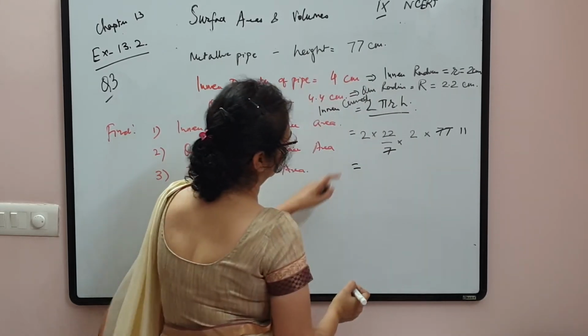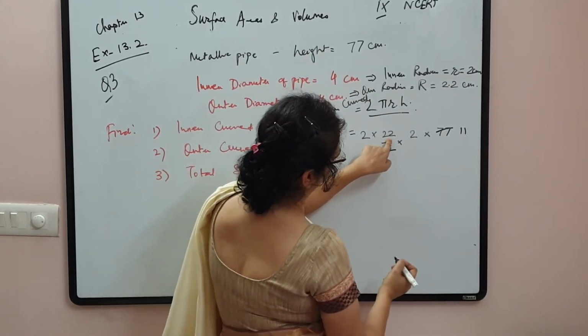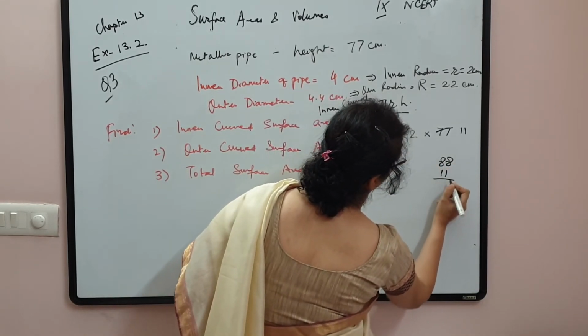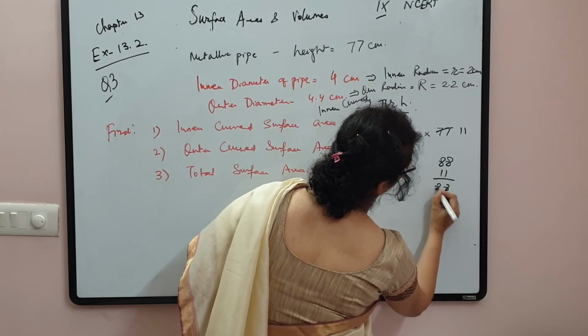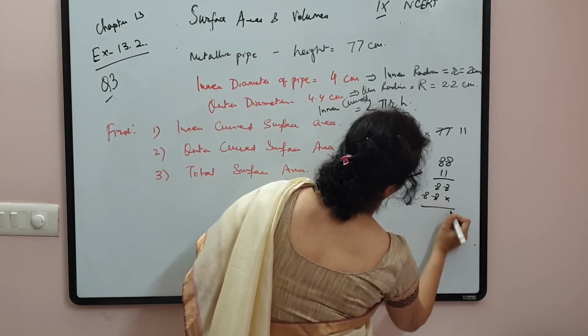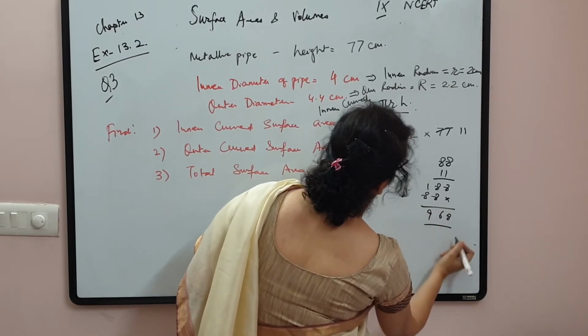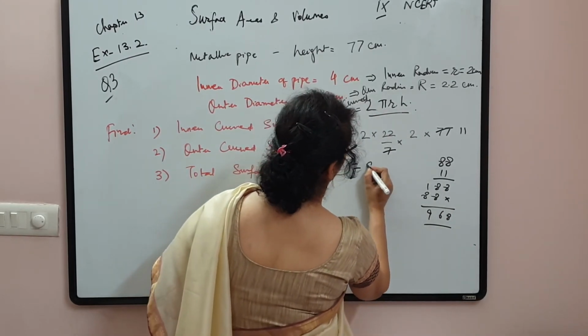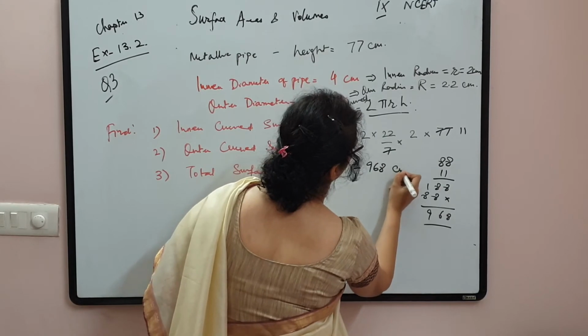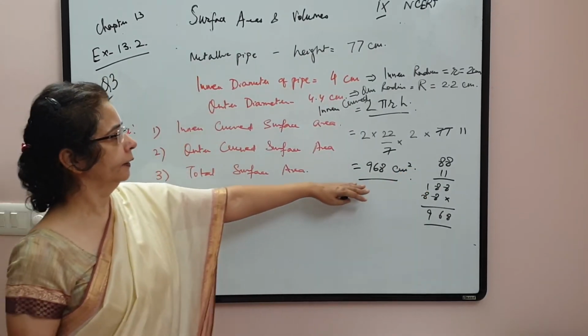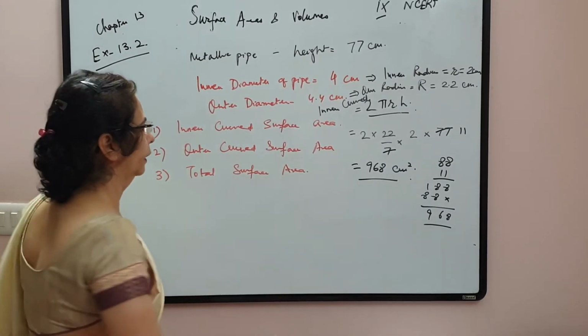Let us multiply. 2 into 22 is 44. 44 into 2 is 88. 88 into 11 is 968 centimeter square. This is your inner curved surface area.